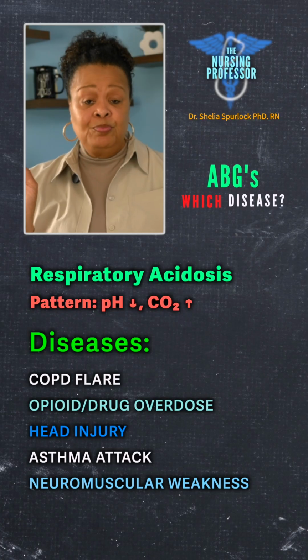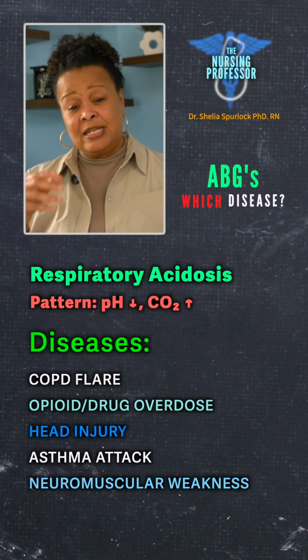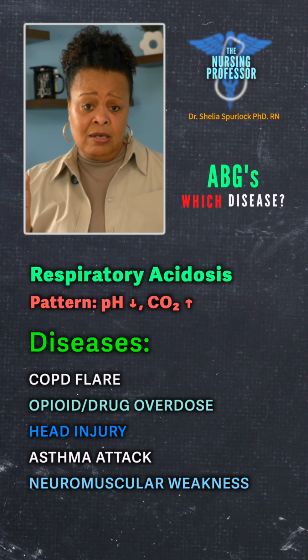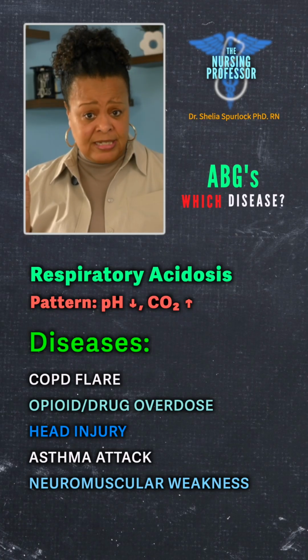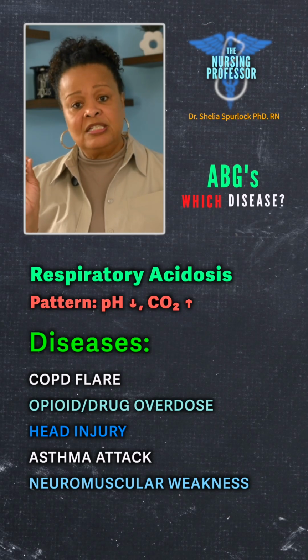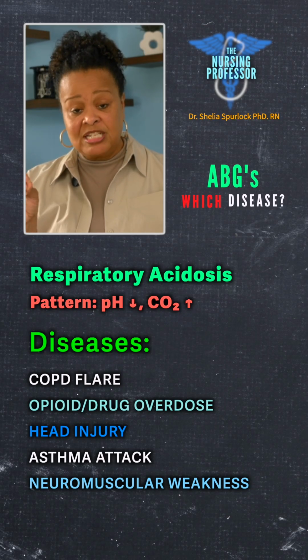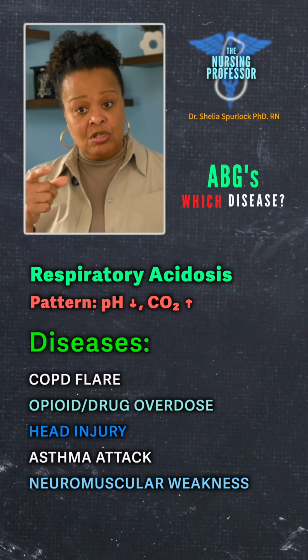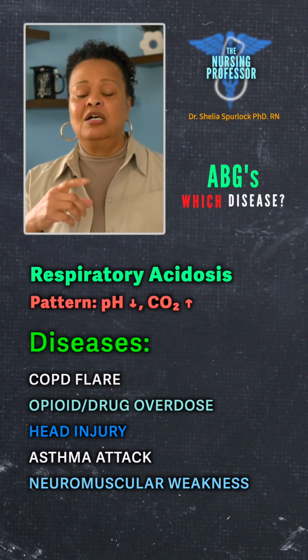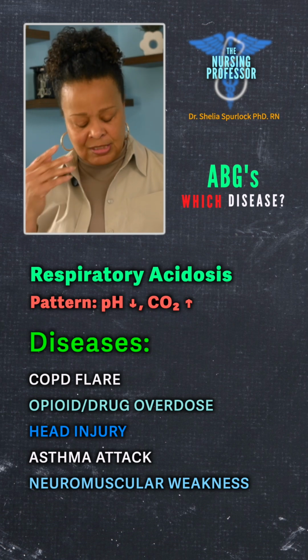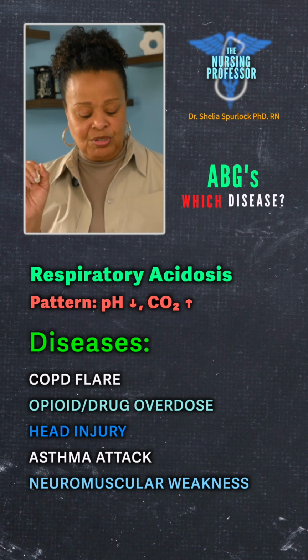CO2. People with drug overdoses like opioids or sedatives, or even people that have been treated with anesthesia can get a buildup of carbon dioxide. Those with head injuries where the central nervous system may have been depressed, because we know that they have to be triggered in order to breathe, which means that carbon dioxide again can build up.